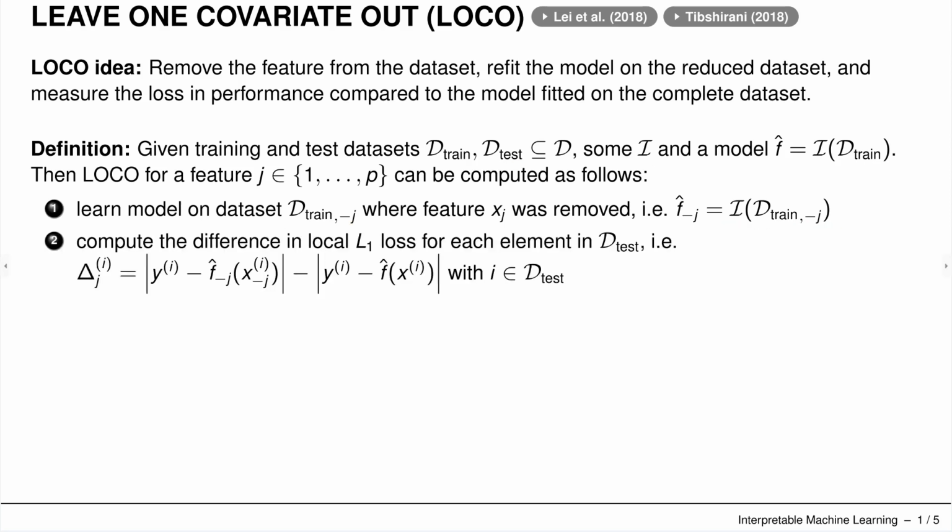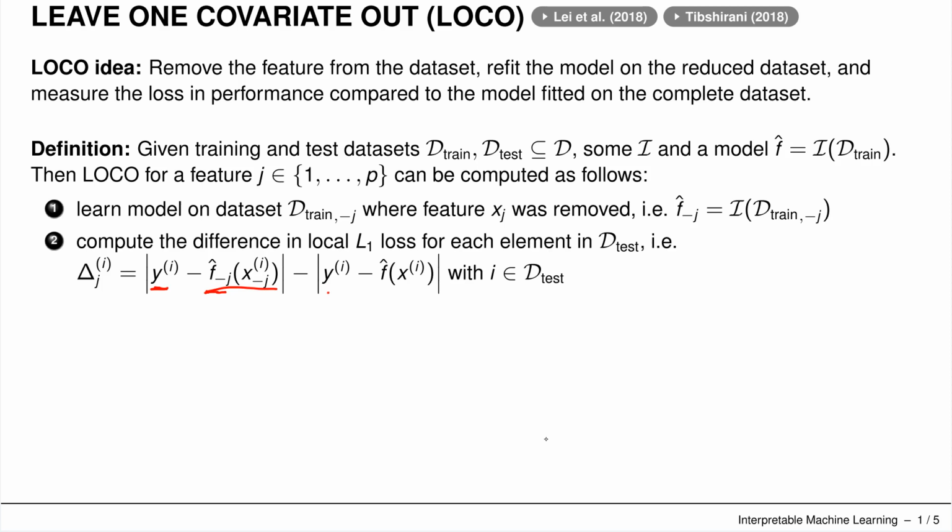And then we compute the difference in local L1 loss for each element of the test. So we take the target for each of the observations in the test data, and we get the model prediction of the model where we left feature J out and take the difference. So that's the L1 loss.